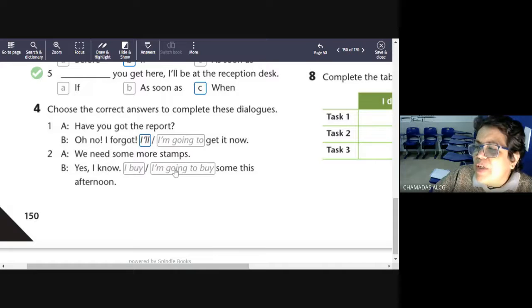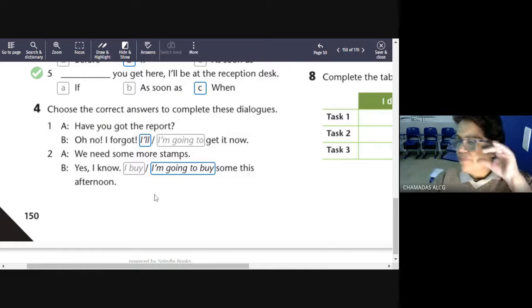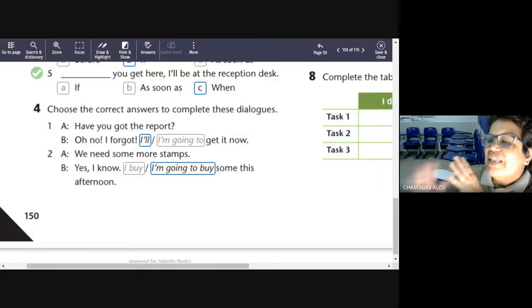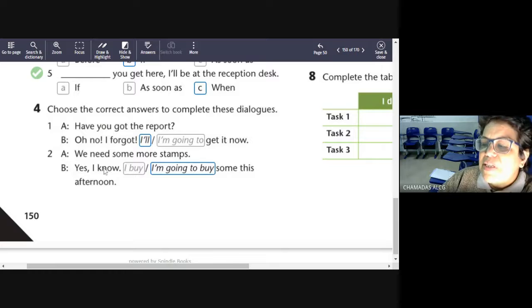The next one here is, I'm going to buy some this afternoon. What's the difference between number 2 and number 1? The second one here, the person says, yes, I know.